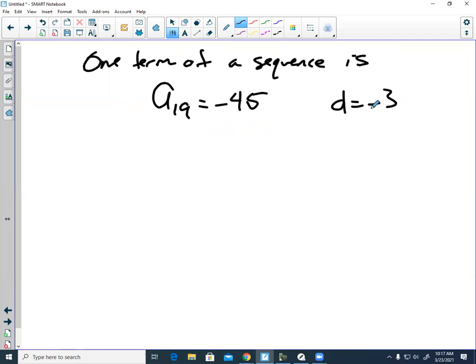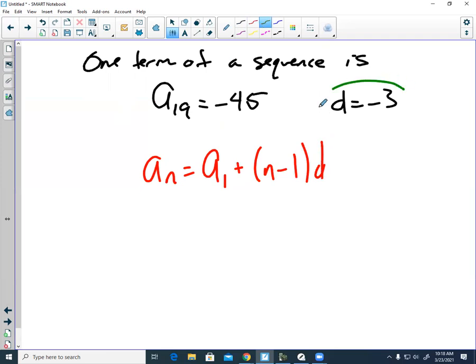Because basically what I need to do now is plug in a whole bunch of information to be able to find my sequence. I'm going to do that the same exact way as I did the first one, just plugging different things in. Okay? So my equation was AN equals A1 plus N minus 1 times D. I've obviously still got this I can plug in, but I don't really have anything else.